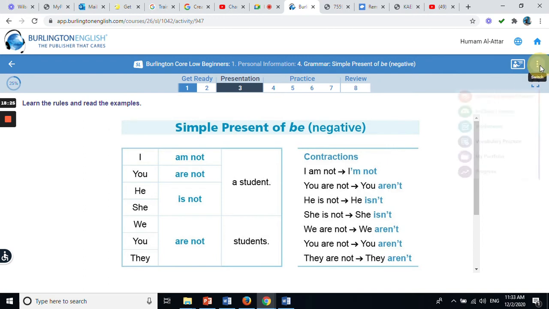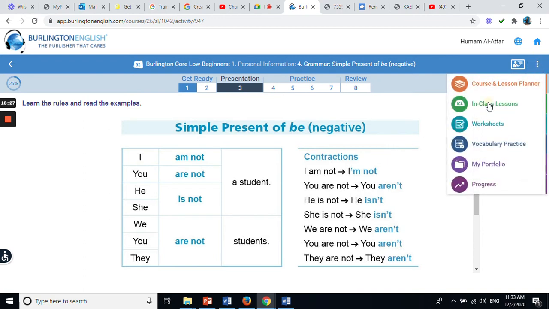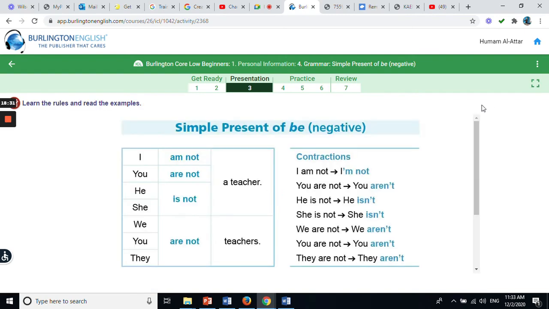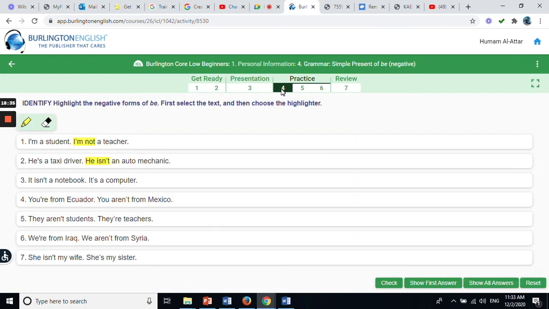These rules are also available in the packets that we gave you at school. I will need you to copy these rules in your notebook. Okay?